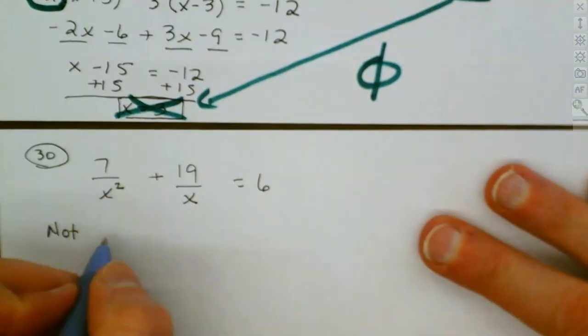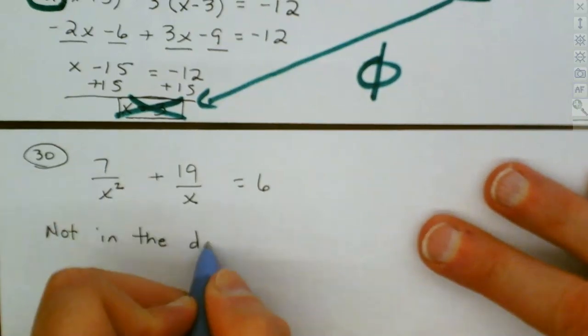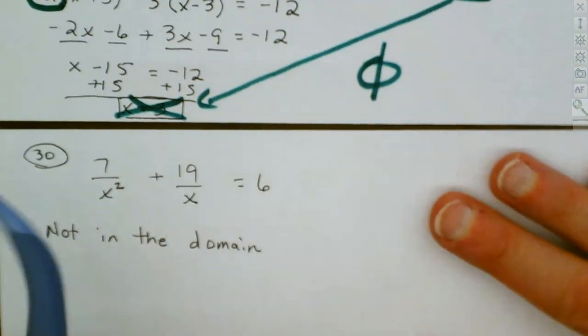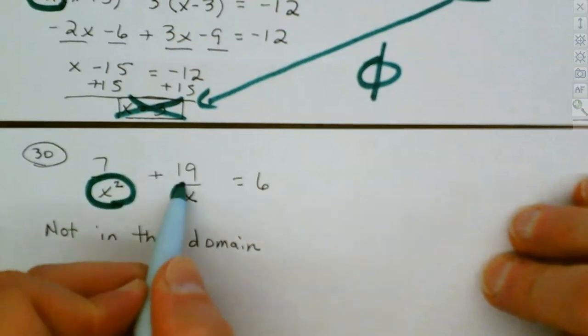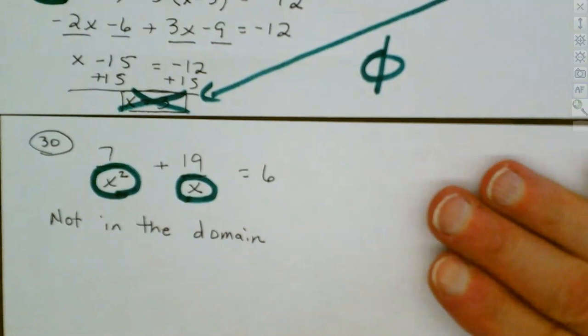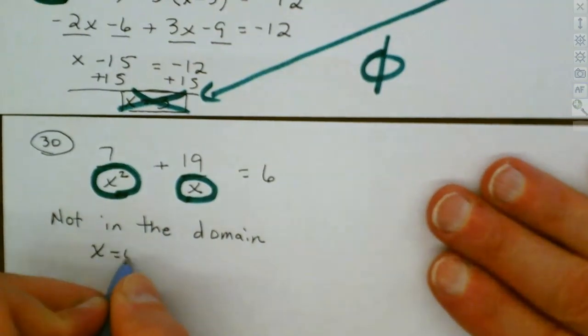So what number is not in the domain? Can anyone tell me what they think won't work? What number is not going to work here? Just look at these. 0, okay? X squared is the same thing, because x squared equals 0 still means 0 is not going to work. So the number that is not in the domain is 0, right?